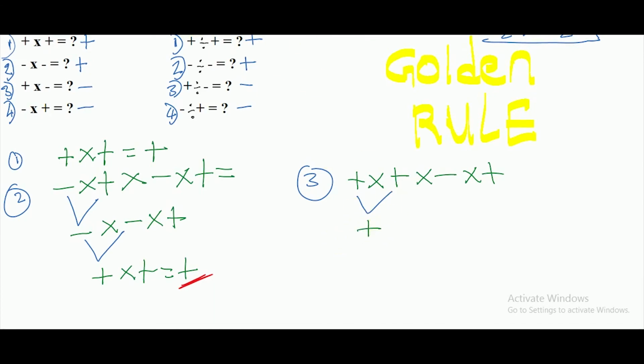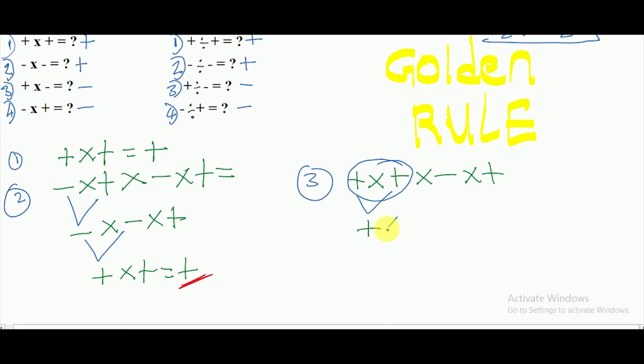Then what we need to do next is what? Remember, this one is multiplying whatever we have here. This one here is giving us a positive answer. So times minus, what's it going to give us? Let me write it out for you.